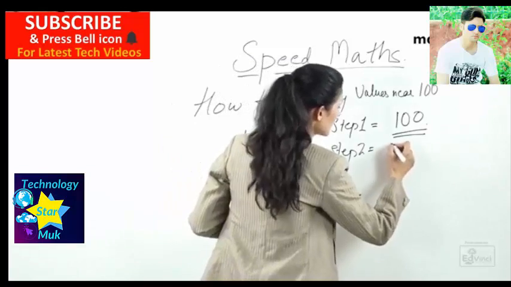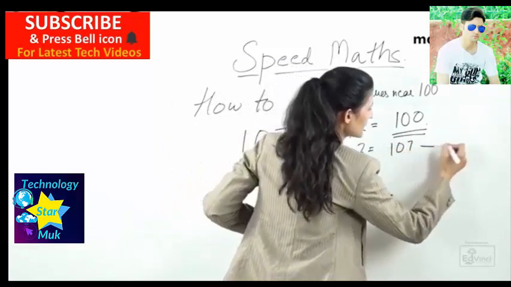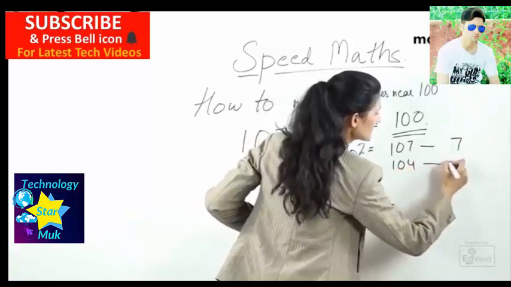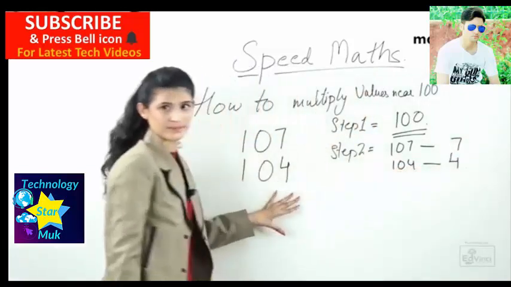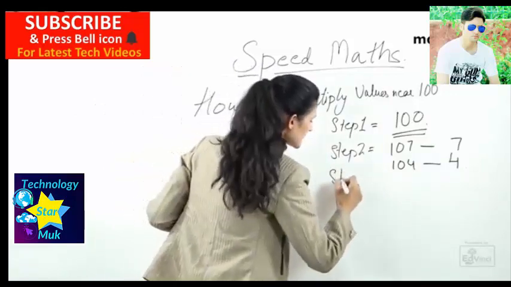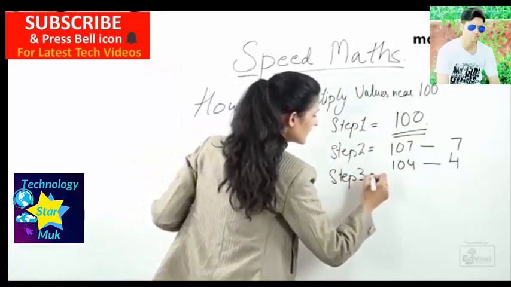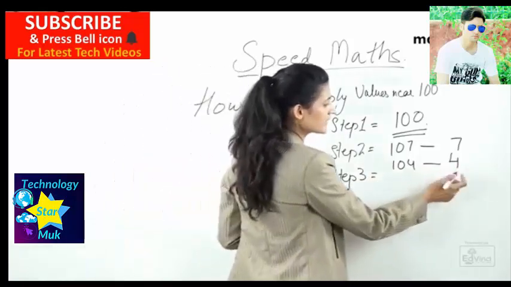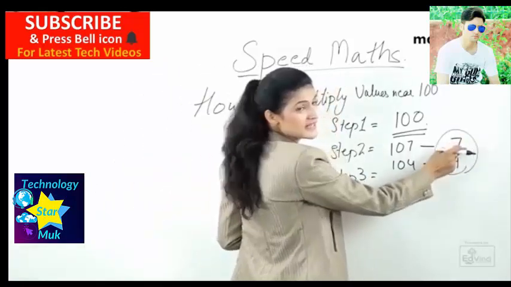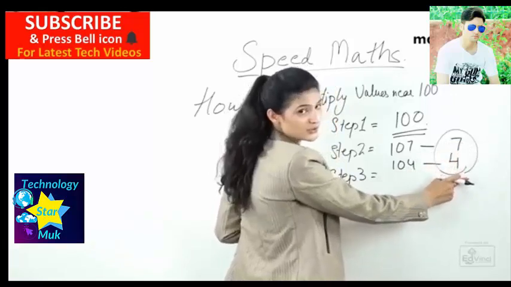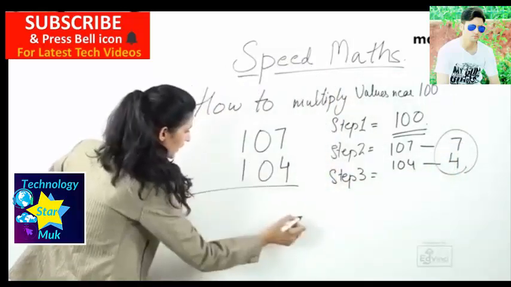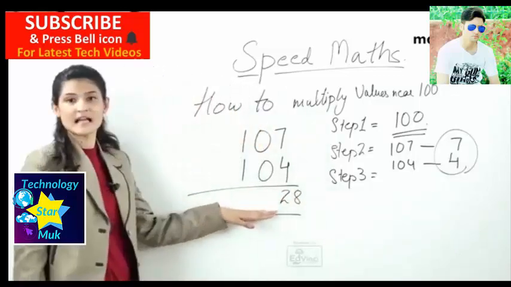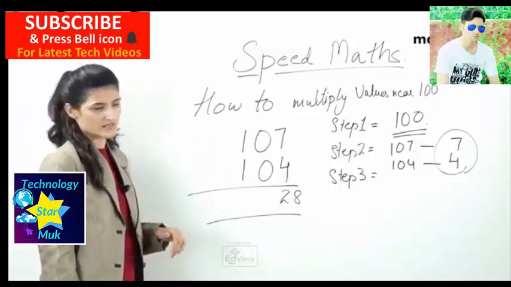If it is 107, the difference is 7. For 104, the difference is 4. Moving to step number 3, you have to multiply the differences, which is 7 into 4 equals 28, and write it down here. So this is the last two digits of your answer.